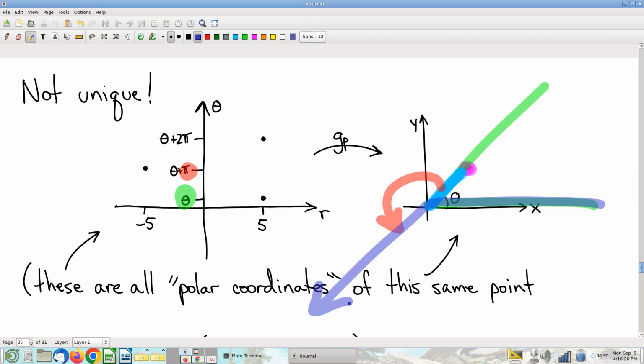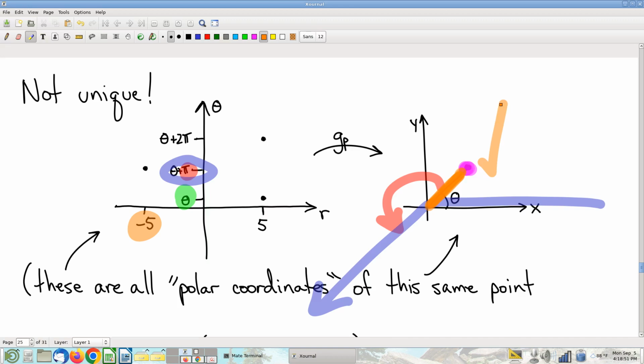But the thing about the exact wrong direction is that if you just go backwards from it, let's see here, what color am I going to use? Oh gosh, I'll use orange. If I go backwards, in other words, if you let r be negative 5, it still gets you to the same point.